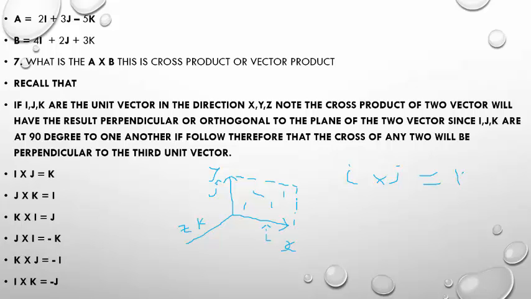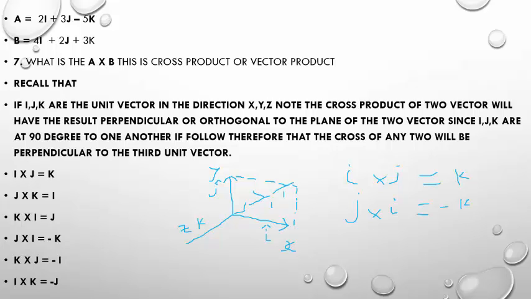If I'm going clockwise, if I now have j cross i, my answer will be minus k. If I do j cross i, my answer will be something in this negative side.